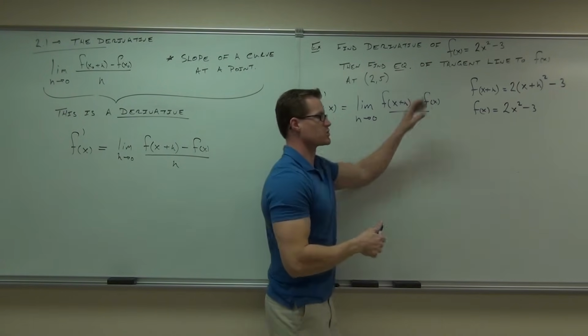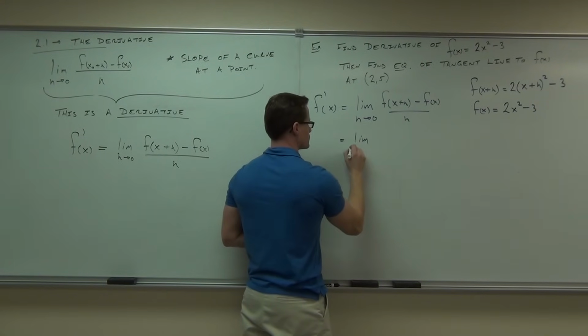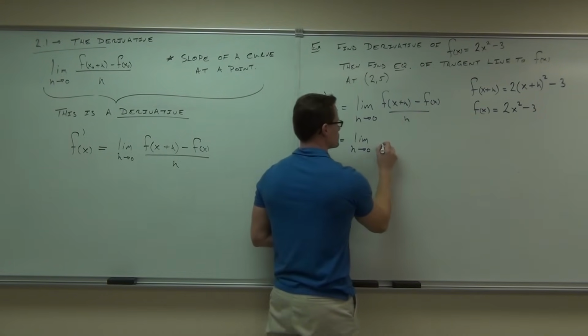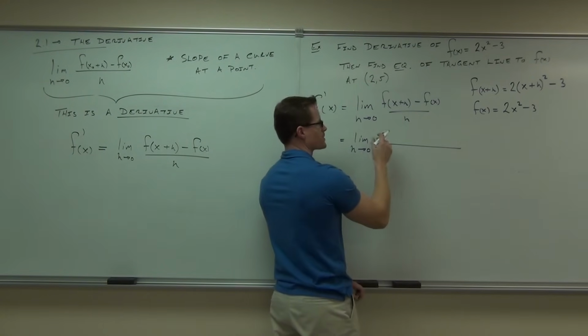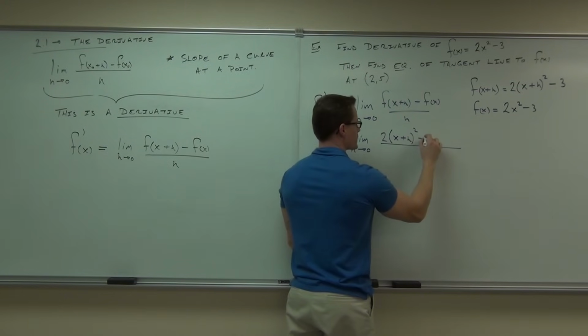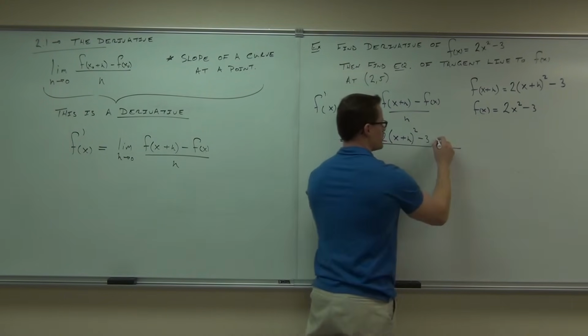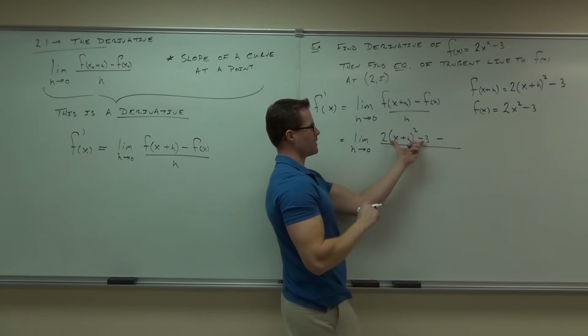Let's take those expressions, plug them in. So instead of f of x plus h, I've got 2(x plus h) squared minus 3, minus, here's my f of x plus h, I've already got that.